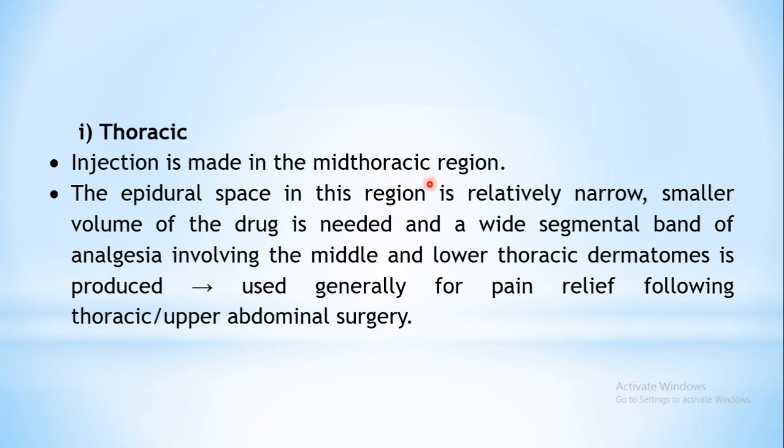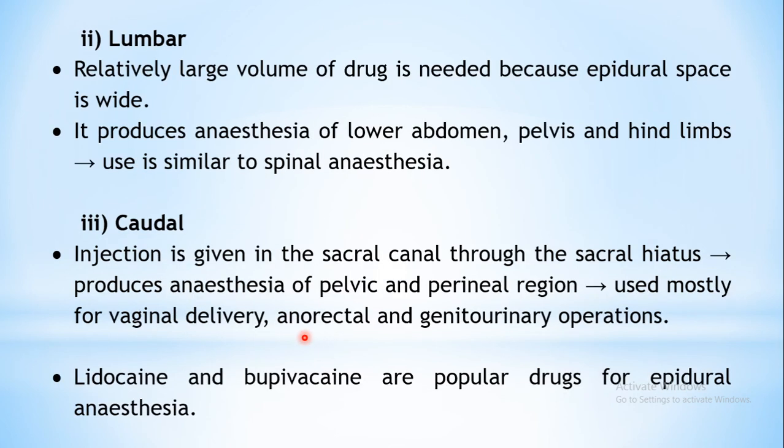Over here the area is relatively narrow, so a smaller volume of drug may be needed. Generally the areas affected are the middle and lower thoracic region. It is generally used for pain relief following thoracic and upper abdominal surgery.